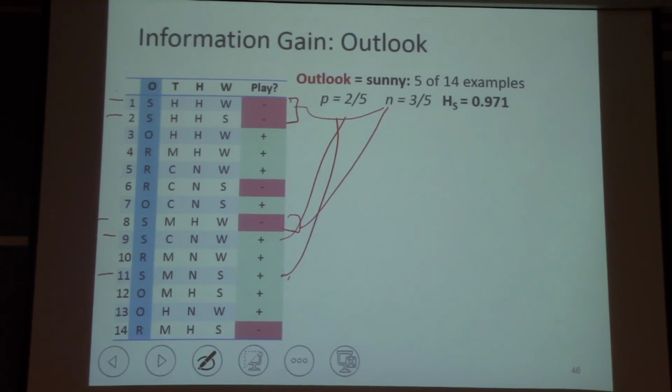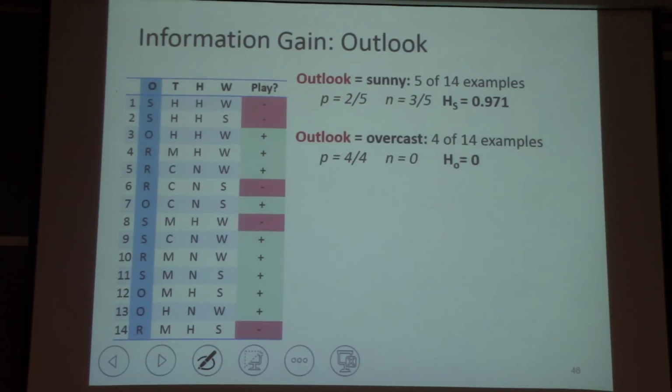Now I can calculate the entropy that's left behind for this particular partitioning of the data. There are 2 positives and 3 negatives out of the 5 rows that have attribute value equals sunny, and I can calculate the entropy of this. I can do this for other possible values that the same attribute takes.